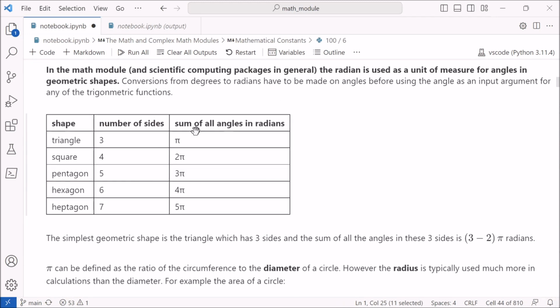In the math module and scientific computing packages in general, the radian is used as a unit of measure for angles in geometric shapes. So conversion from degrees to radians has to be made on angles before using the angle as an input argument for any of the other trig functions.